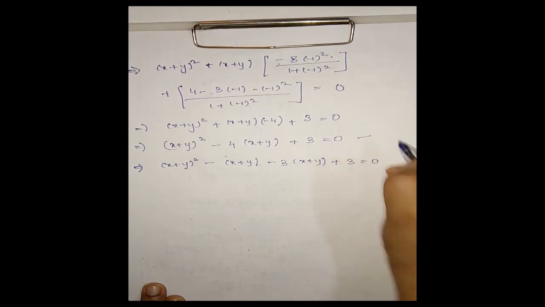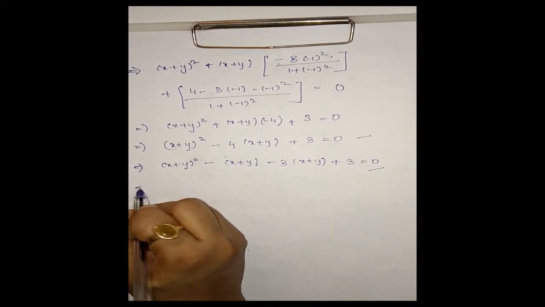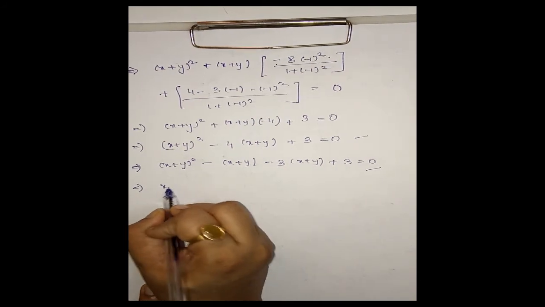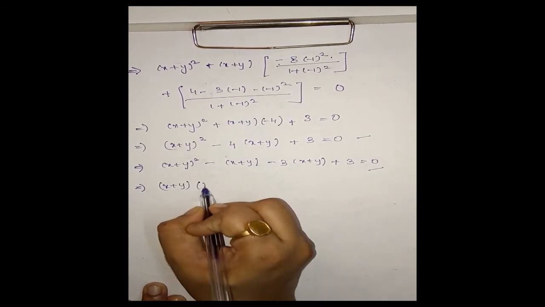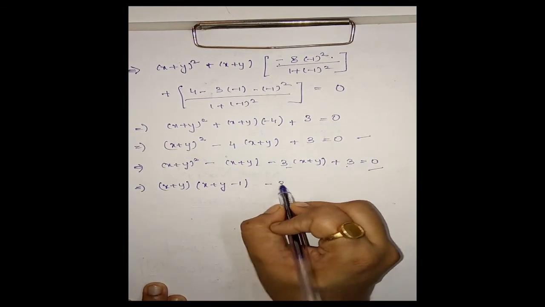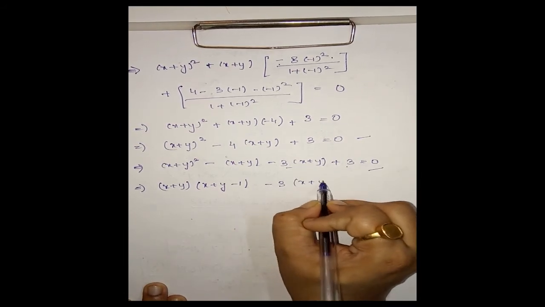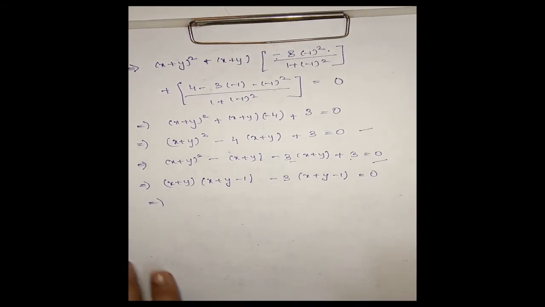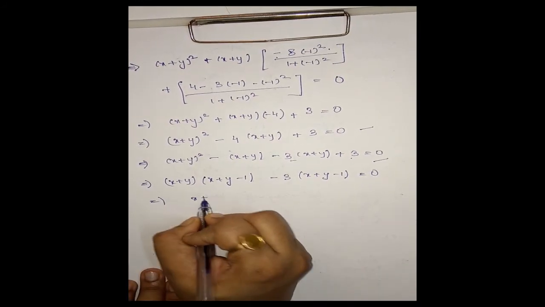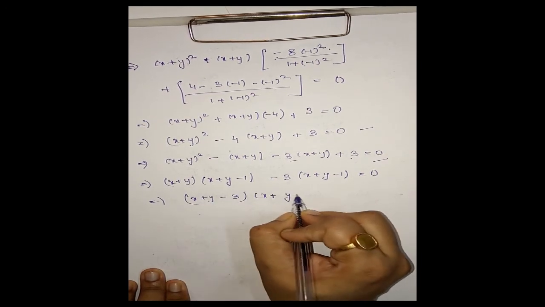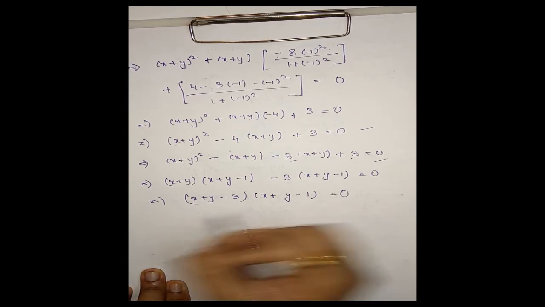I can write this equation in this form, taking x plus y common, (x plus y) (x plus y minus 1), and taking 3 common from here, minus 3 (x plus y minus 1) is equal to 0. Now this is equal to (x plus y minus 3) into (x plus y minus 1) is equal to 0.